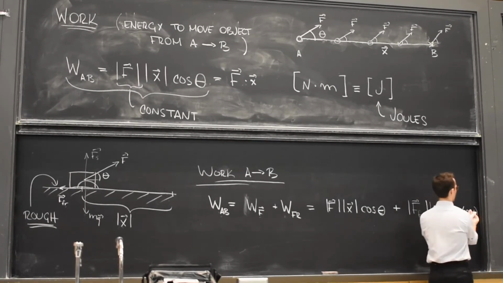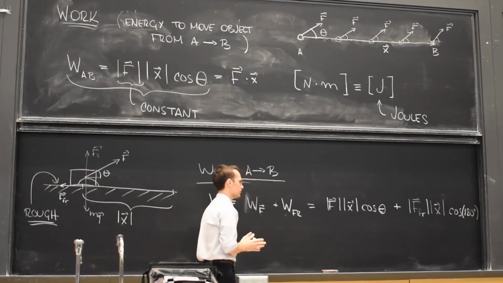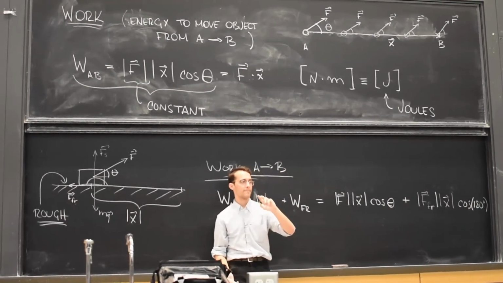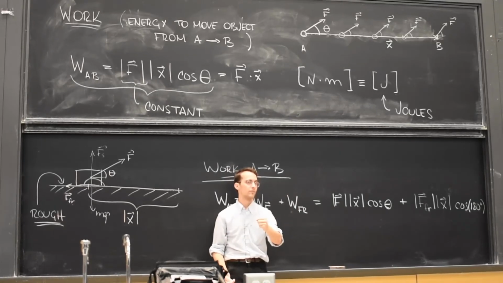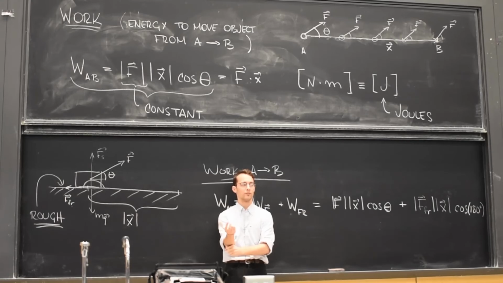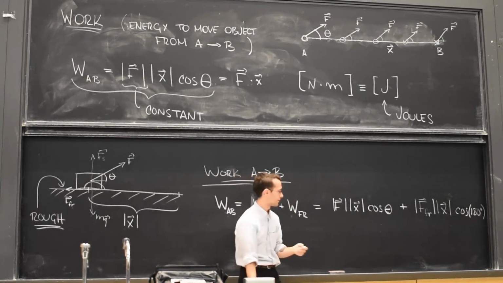For those that can't see because of this, that's 180. And cosine of 180, real fast, what is it? Cosine of 0, how about that? 1. Cosine of 180. Minus 1, exactly.